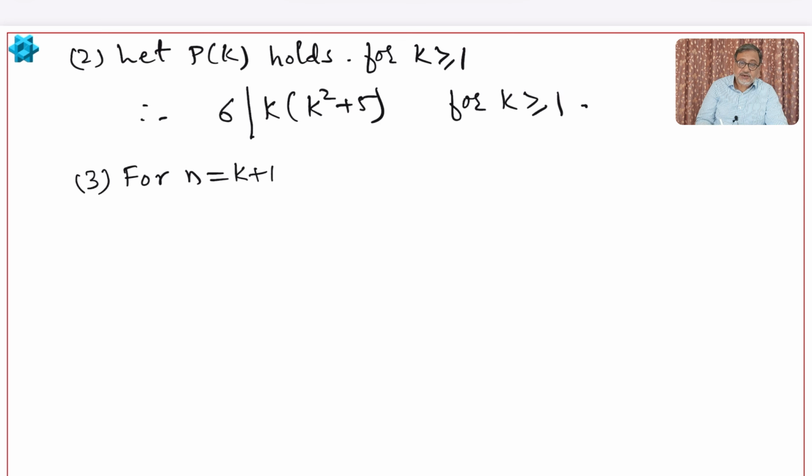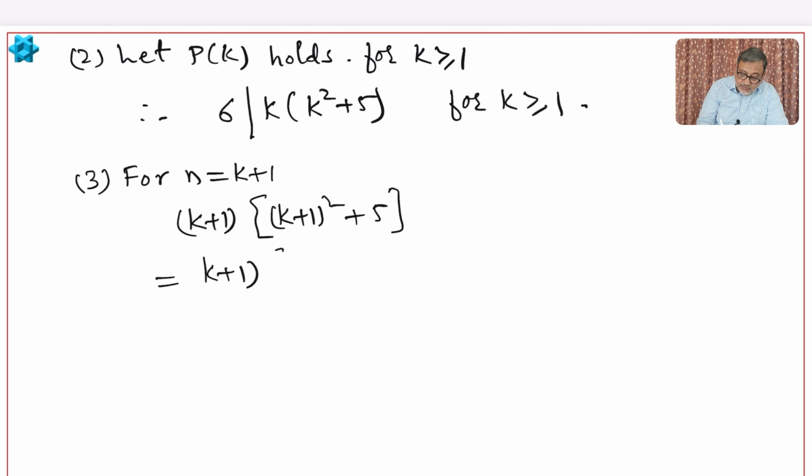We will write the right hand side of it. So (k+1)((k+1)² + 5) is equal to (k+1) into, okay, we will simplify this, (k+1)² we can open: k² + 2k + 1 + 5.